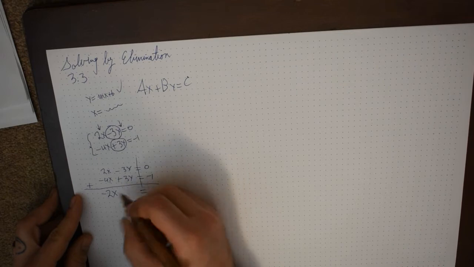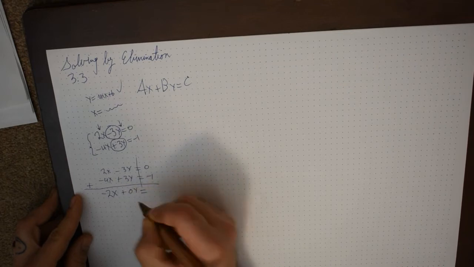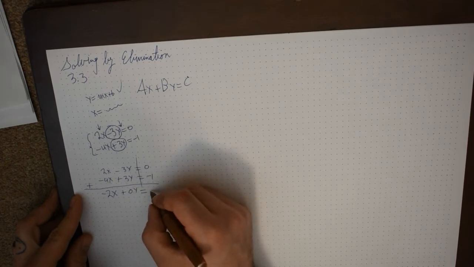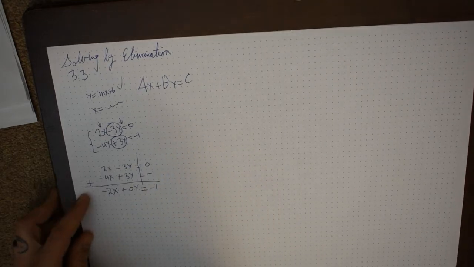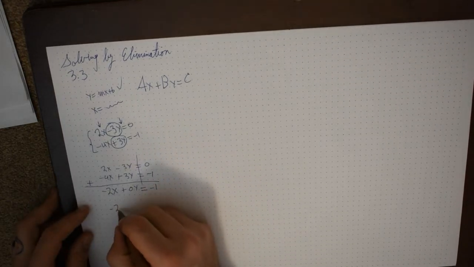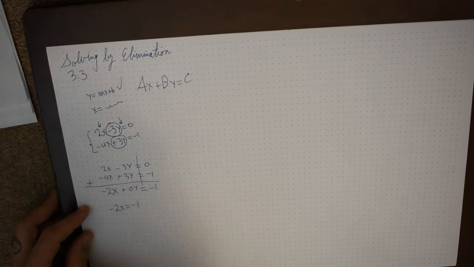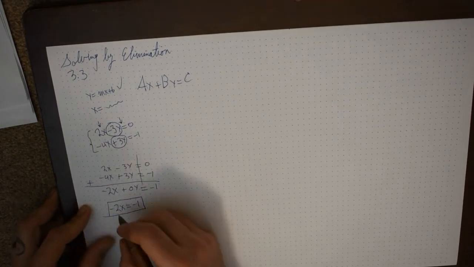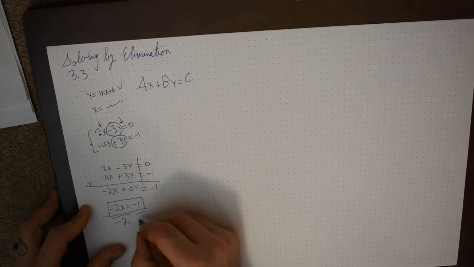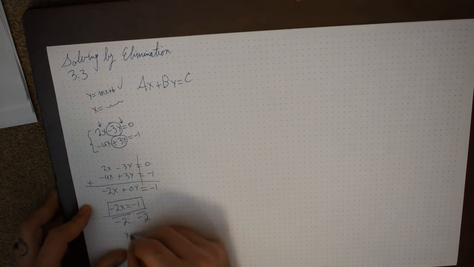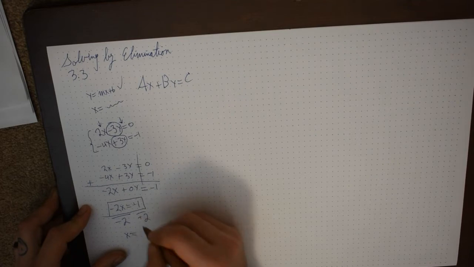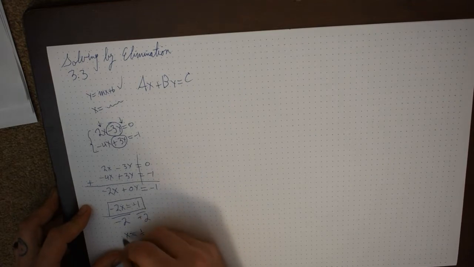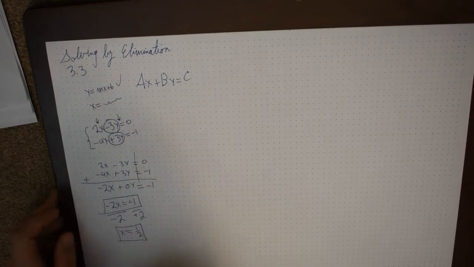Negative 3y plus 3y gives us plus 0y. And 0 plus negative 1 is equal to negative 1. I'm just going to rewrite this equation as negative 2x is equal to negative 1. We're trying to get x all by itself, so let's divide both sides by negative 2 to get x is equal to negative 1 divided by negative 2, which gives us a positive 1/2. And that's what I should have put a box around.